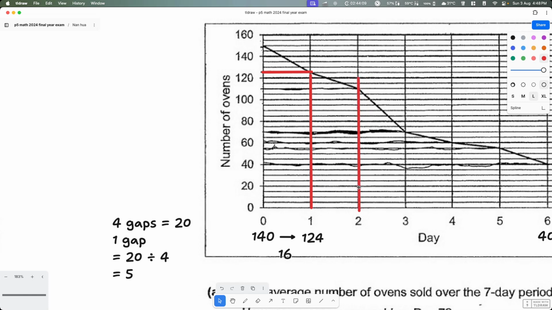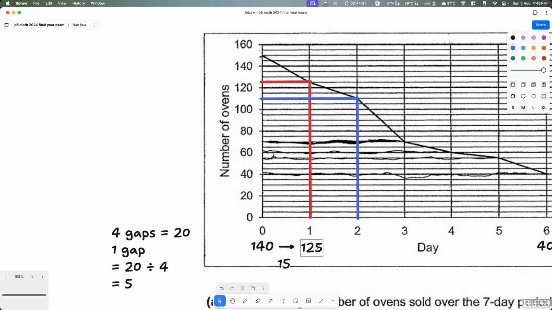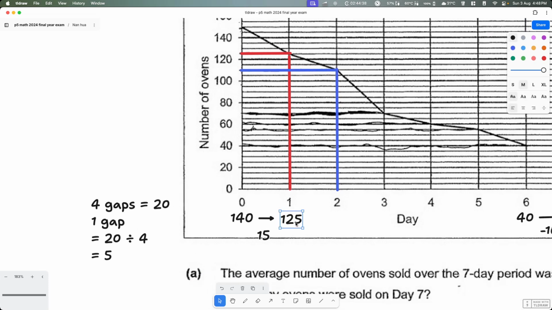Okay, for day 2 over here, the line meets here, and then this meets over here. I'm going to make this day 2 purple. With this we have 100, so there's 2 gaps. 1, 2, 3, 4, 5. Oh, sorry, this is 5. So 1 gap is 5. Okay, so for day 2 it is 110. I'm going to put it here as 110.